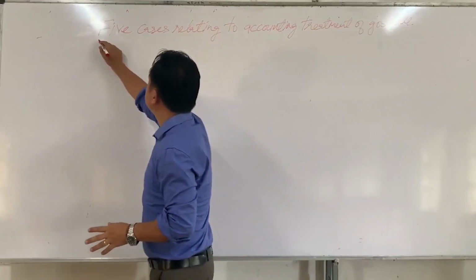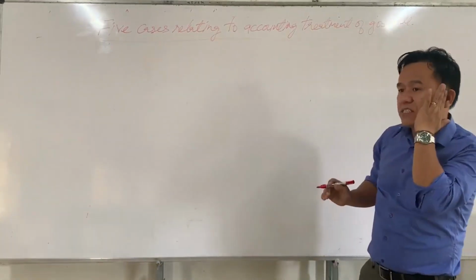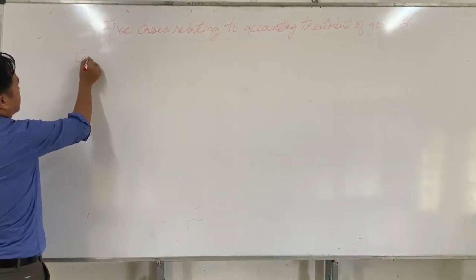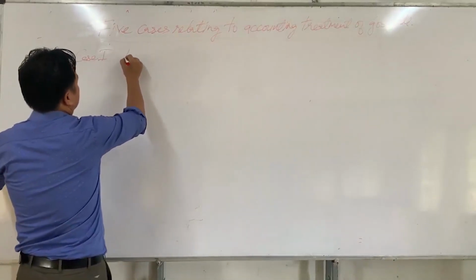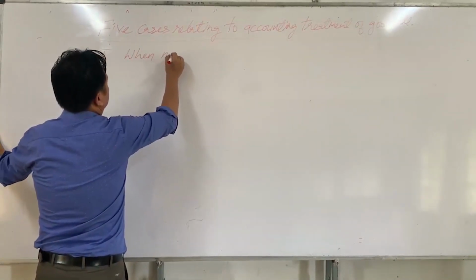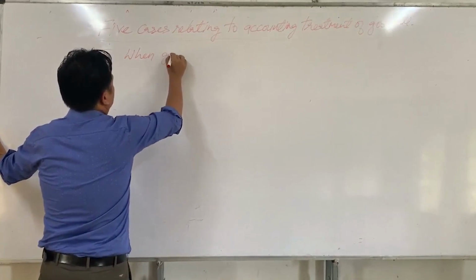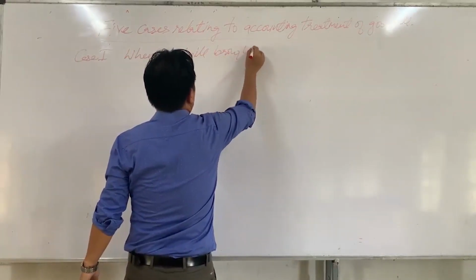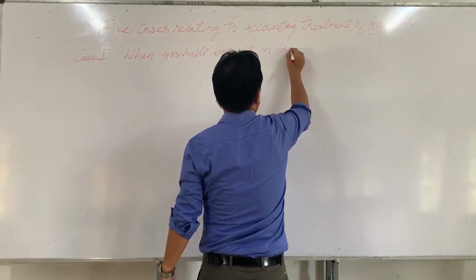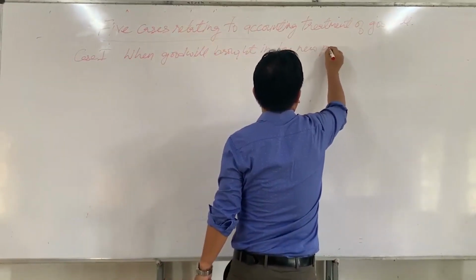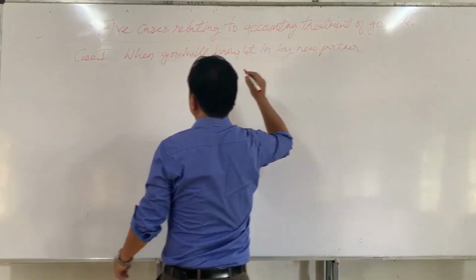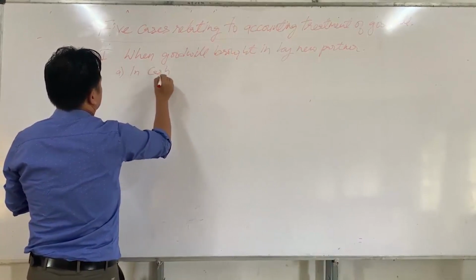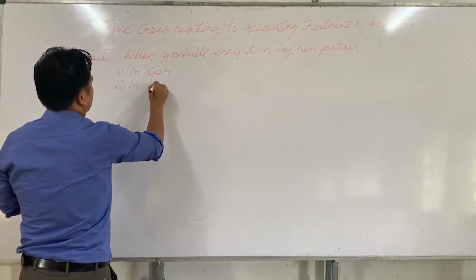Okay, now we are going to discuss all the 5 cases in details one by one. Now, the first case is when goodwill is brought in by new partner in cash and in kind.